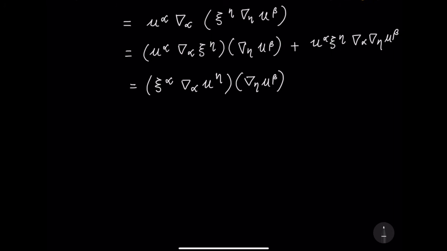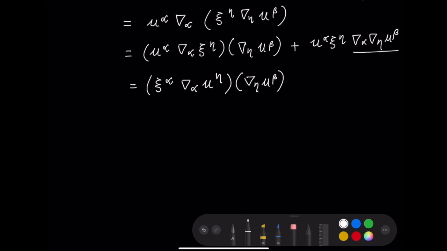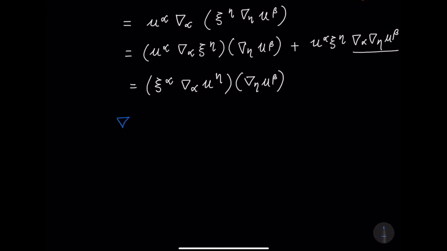Something interesting has happened already here. You see that I have this type of term, which is the double derivative, double covariant derivative. And remember that this we have shown earlier.